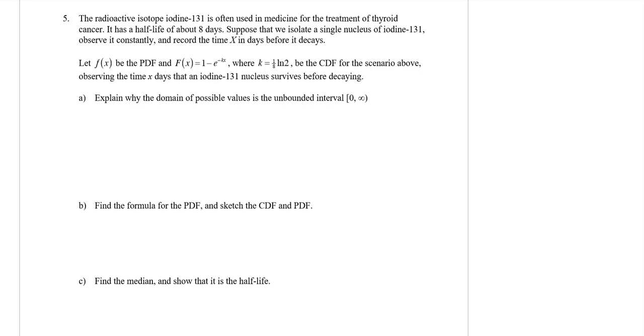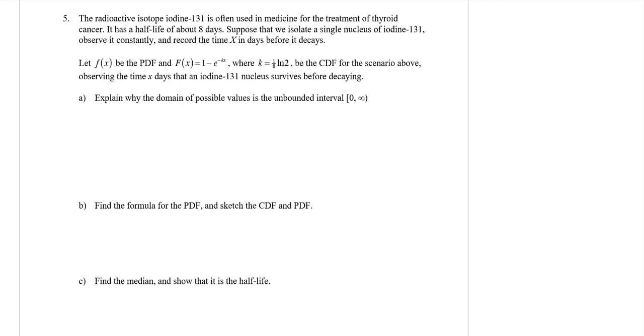Let f of x be the PDF. Capital F of x is equal to 1 minus e to the negative kx. So we've advanced into exponentials here now. Where k is equal to 1 over 8 ln of 2. Let the CDF for the scenario above, observing time x days that iodine 131 nucleus survives before decaying.